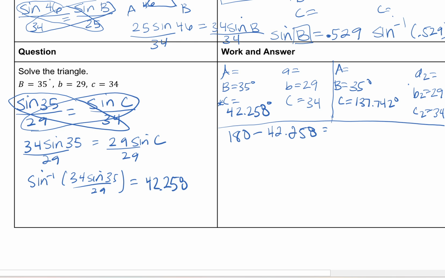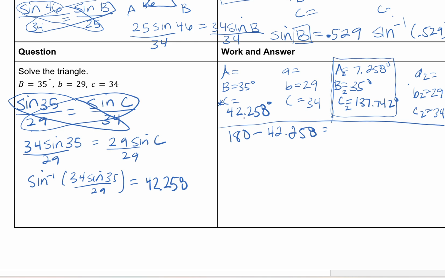These are my second ones. So if I add these two up, 35 and 42.258, I get 77.258. Hmm, actually if I add that to 35, I get 172.742. So I actually can have a third angle here if I do 180 minus 172.742, I get 7.258. If you add these three angles together, you're going to get 180.